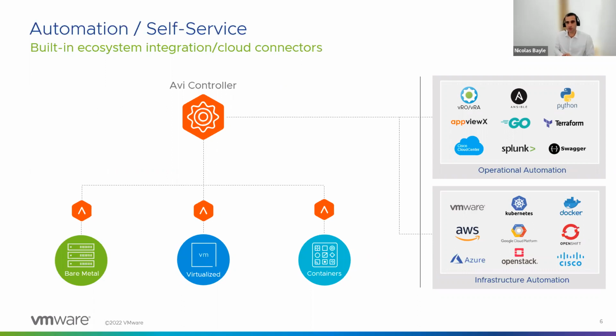What we want to tell you today is that we know that this automation capability is key for you today. And if you work with AVI, let's say you have an issue with an Ansible playbook, or you have an issue with the VRO plugin that we provide, you can open a use case and your use case will not be ignored.